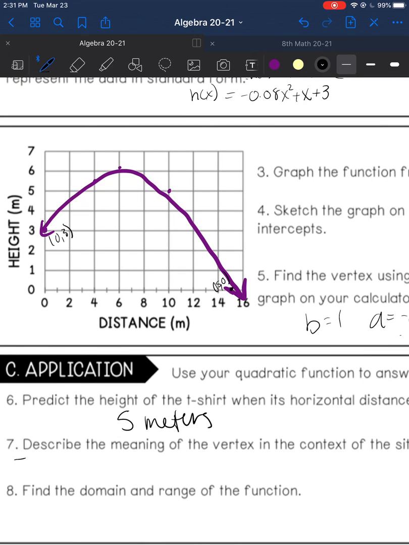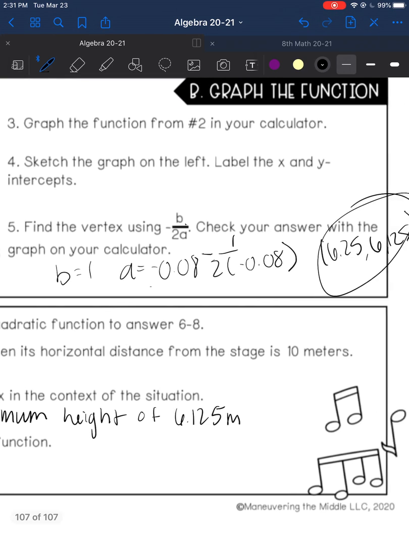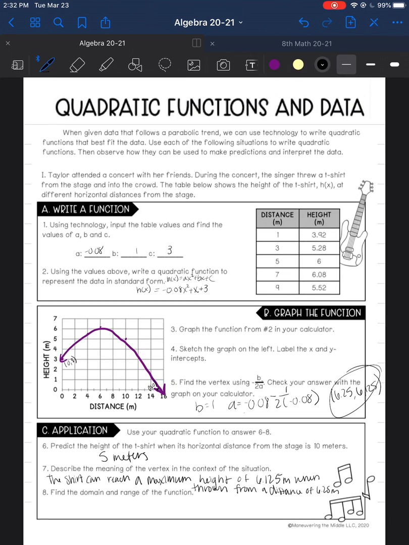So to put that in words, the shirt can reach a maximum height of 6.125, because that's our y value, meters when thrown from a distance of 6.25 meters.